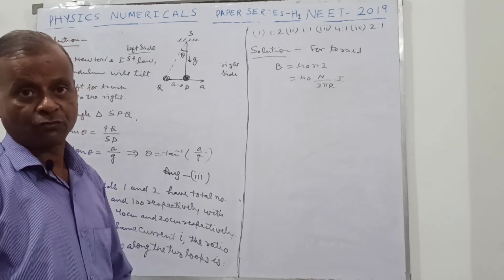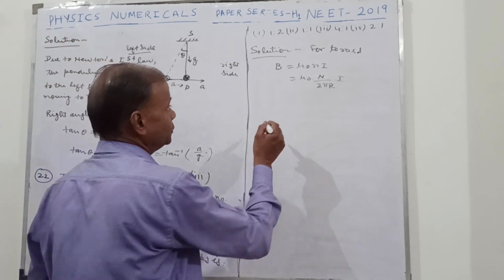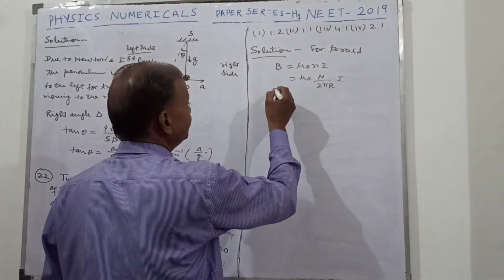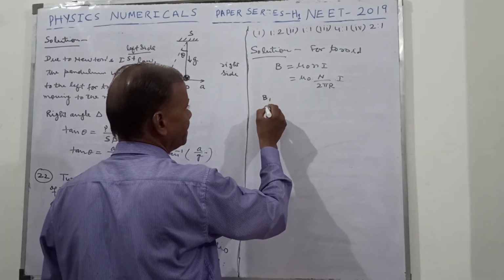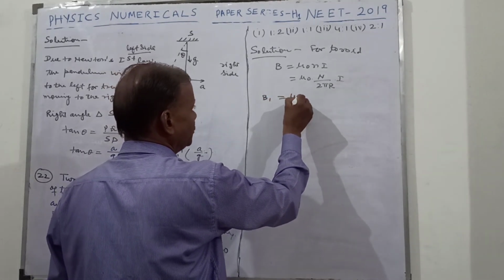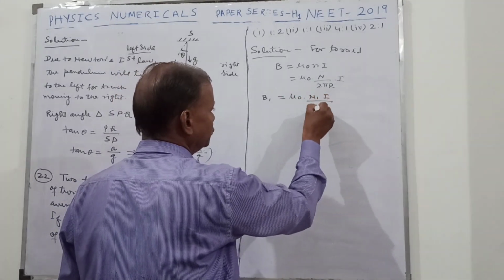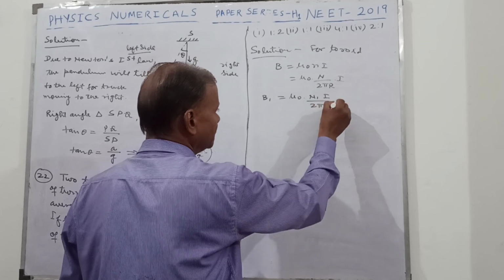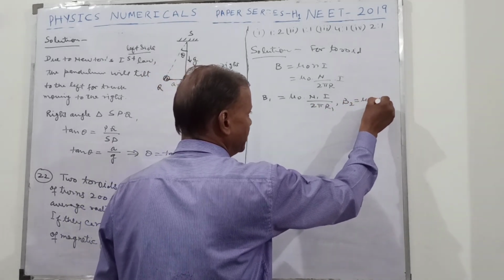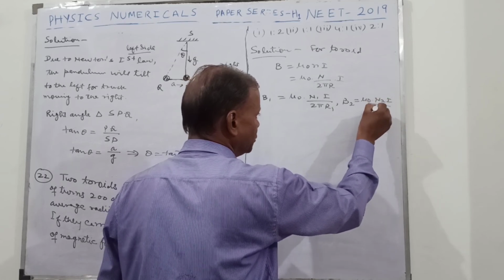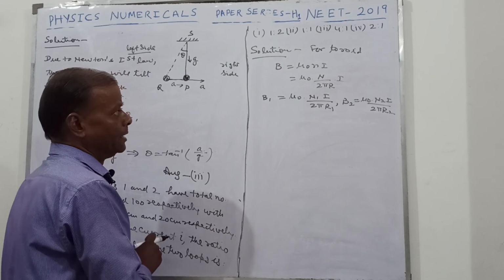Since the toroid is circular, the length is 2 pi r. So here you put the values: B1 equals mu naught N1 I upon 2 pi R1 and B2 equals mu naught N2 I upon 2 pi R2. This is given to us.